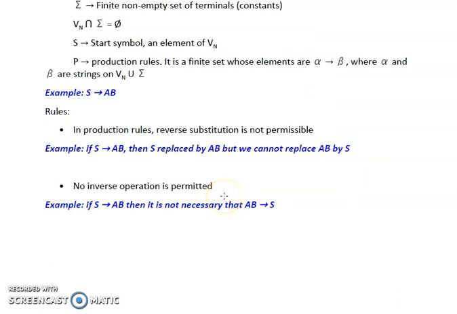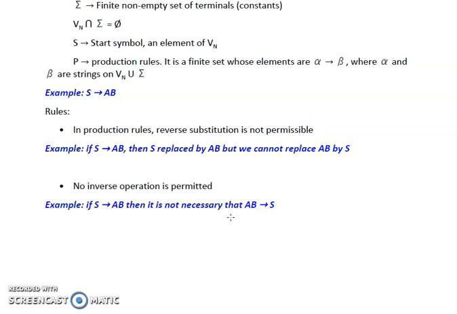Now, let's see the second rule that is provided over our grammars. According to the second rule, no inverse operation is permitted. If we talk about inverse operation, it means that suppose we are having a production rule of the form S tends to AB, then it is not necessary that in the same grammar we will also have the rule of the form AB tends to S. We can have the rule AB tends to S, but it is also possible that we are not having it.